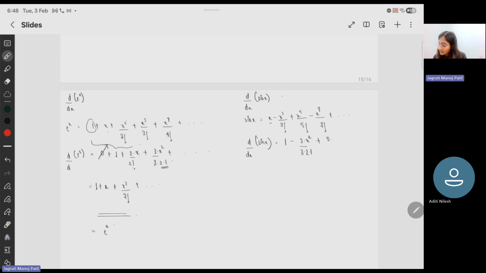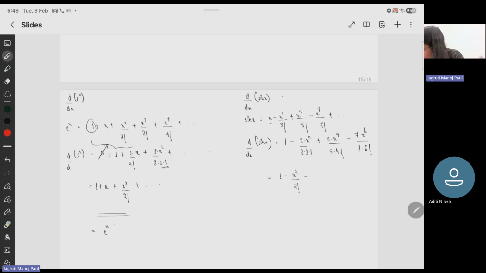Then this is like 5x to the 4 by 5, 4, and it would be a fourth factorial, right? And then minus, this would be 7, and then x raised to 6 divided by 7 times 6 factorial, right? So now we see, this is like 1 minus x squared by 2 factorial, right?